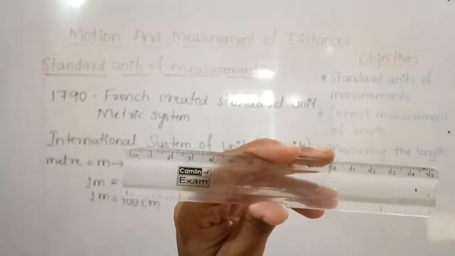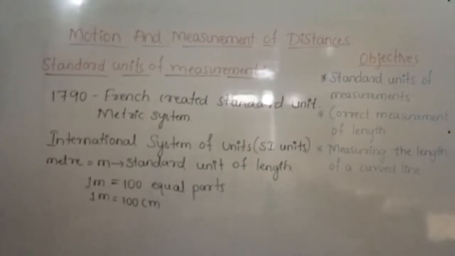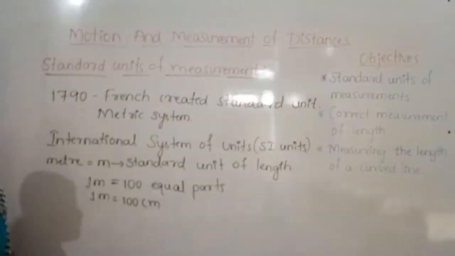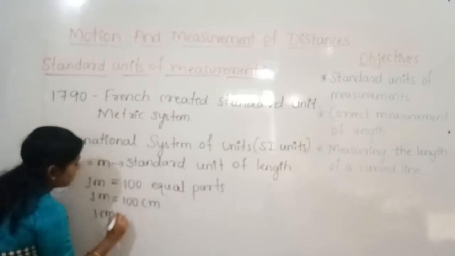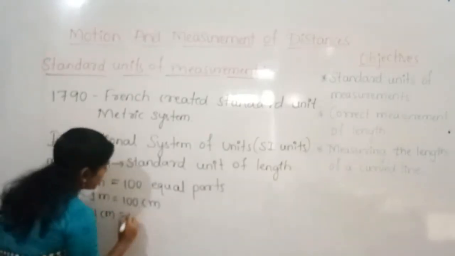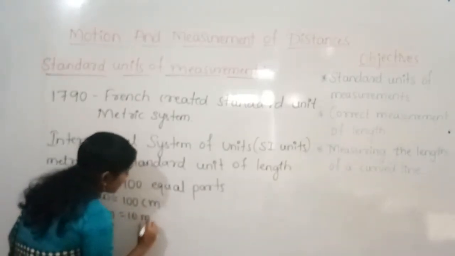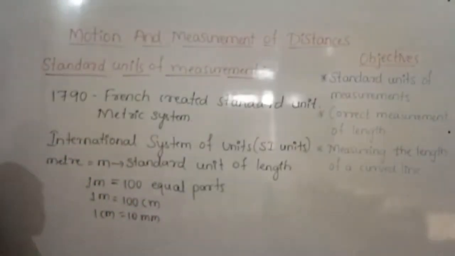So there are 10 divisions in each centimeter, and that we call the millimeter. So 1 centimeter is equal to 10 millimeter, mm we can write.